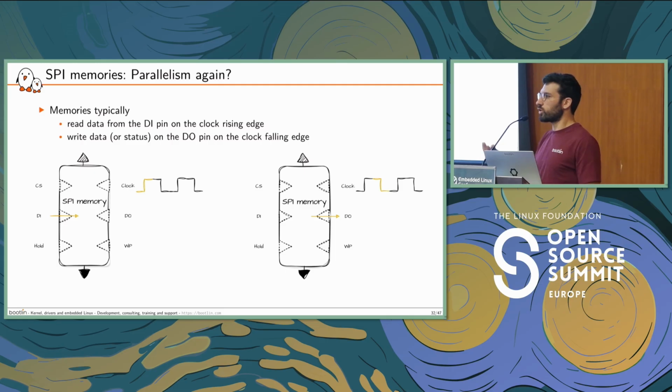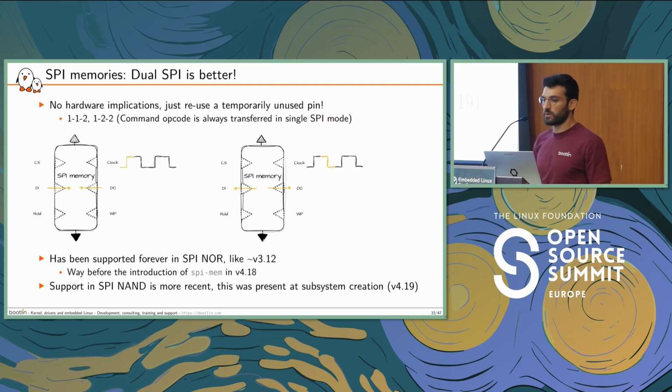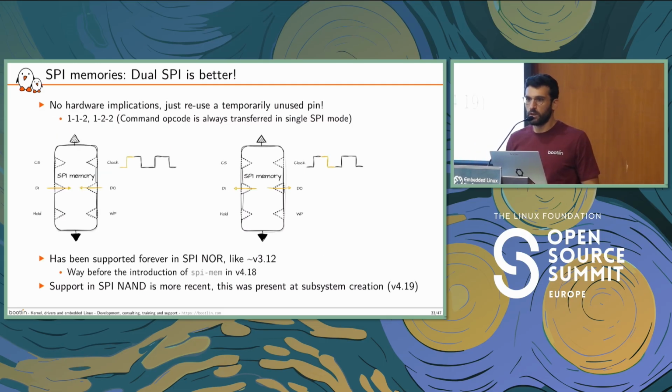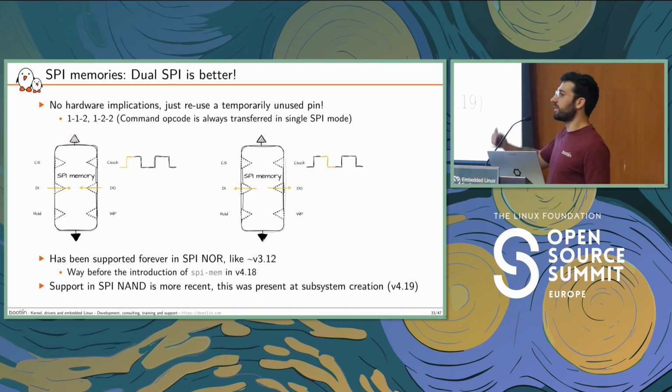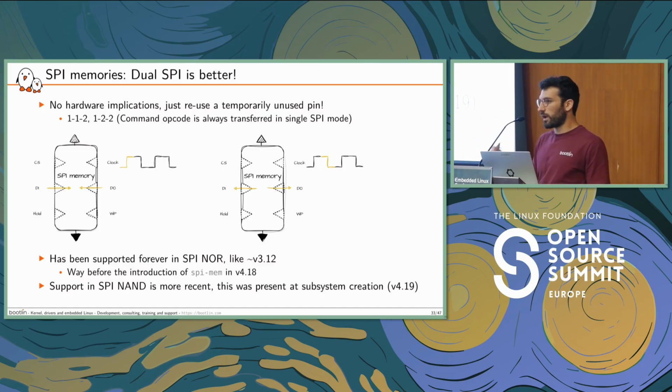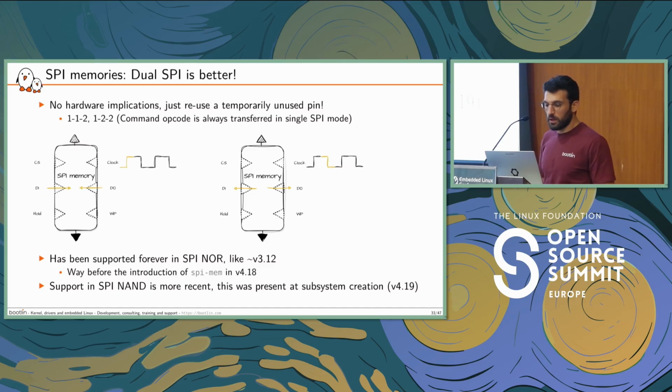Why not just use the two pins at the same time? And that's dual SPI. So in dual SPI, we sample the data in and data out pins, which just requires switching from in to out in the internal circuitry a little bit faster. But this has been supported forever in SPI NOR, and the SPI NAND subsystem has had support for it since its creation.